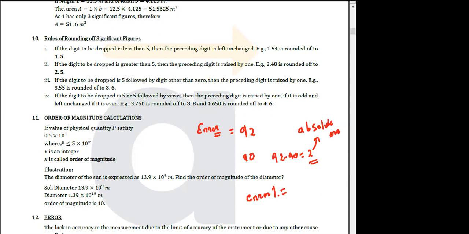Forget about the definitions and all. Now, if I compare this error with the actual value, if I take it relative, think about it.